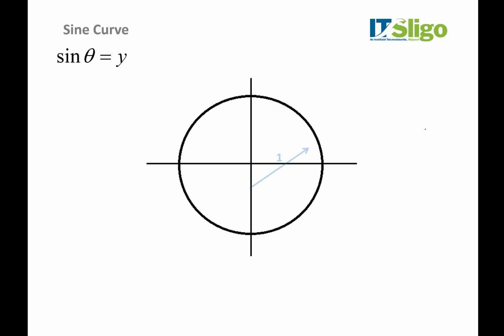And we take a look. So same unit circle. We're only interested in the y values because we're describing that vertical motion. And now at 0 degrees, the sine of theta is 0. The y value is 0. At 90 degrees, the y value is 1.